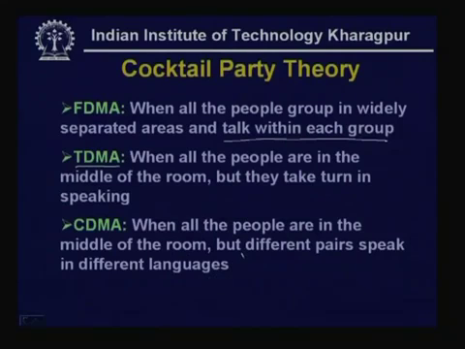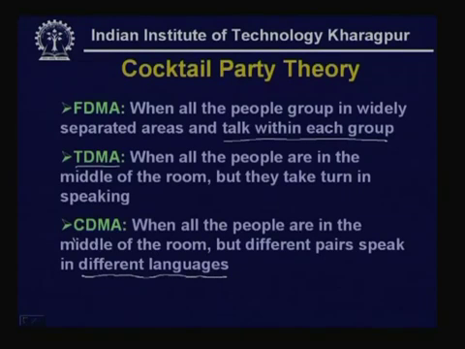So you can see each of the groups are talking simultaneously. Since they are speaking different languages, the group who are talking in English, although they are hearing the voices spoken in say Hindi or French or German, that will not interfere with their discussion. So here simultaneously all of them are talking, but they are not interfering with each other because they are talking in different languages.